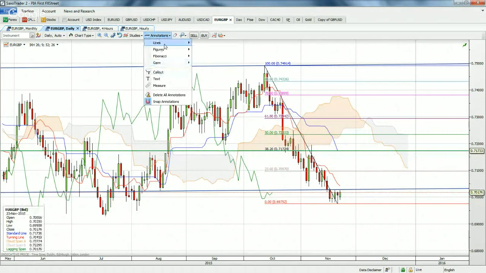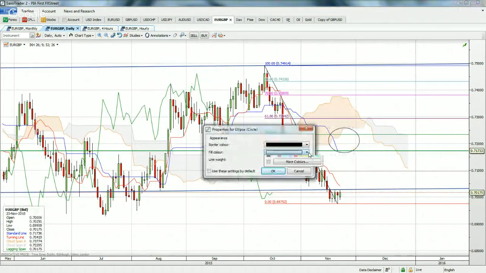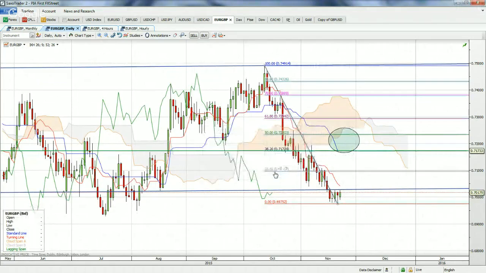So really this week, even though we're intraday bullish, we would look to sell into this zone if, it's a big if at the moment, if it gets there.